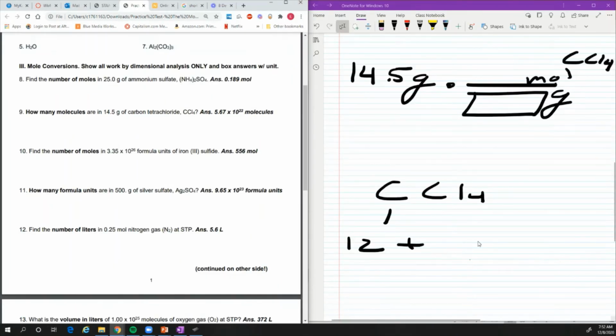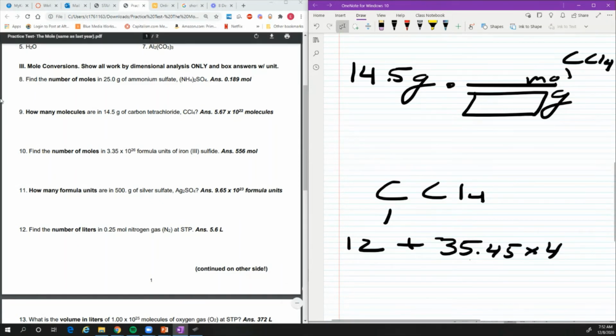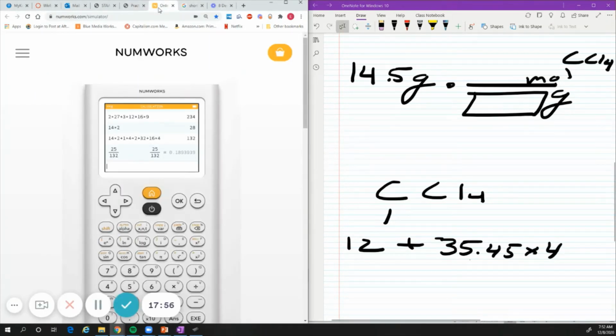All right, so 35, well, let's go ahead and do the whole thing. 35.45 times 4. Let's put that in a calculator. So that's going to be 12 plus 35.45 times 4 gives me 153.8, which is basically, I'll just actually put that number there.